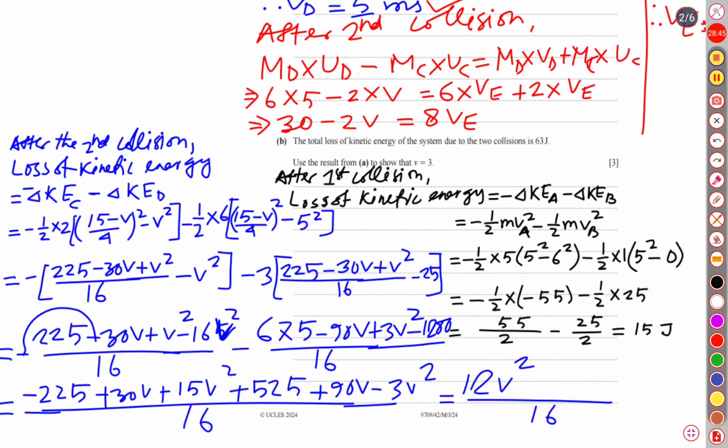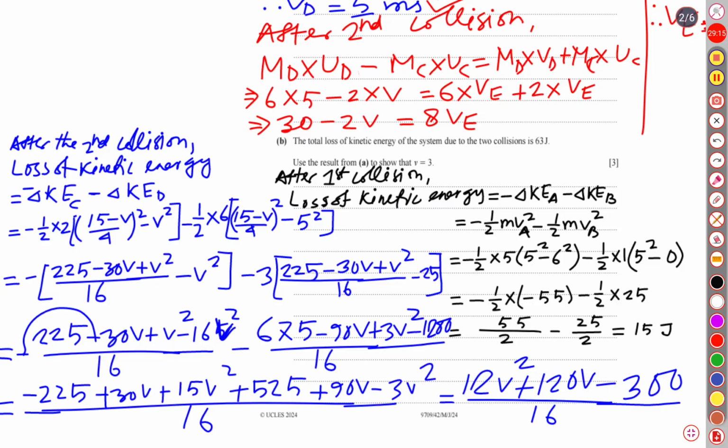So plus 30 and plus 90, it is 120, plus 120v, and then 525 minus 225 means this is 300, minus 300.